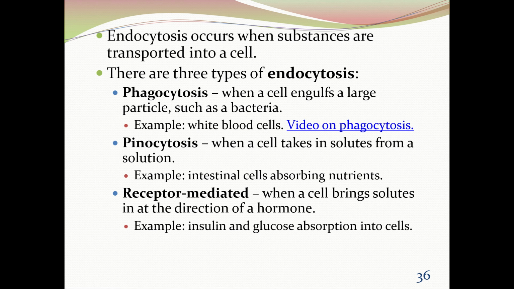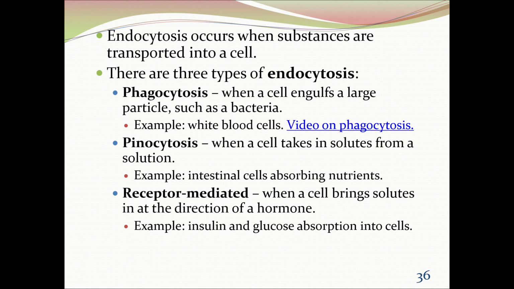Phagocytosis occurs when a cell engulfs a large particle such as bacteria. This is the function of macrophages, which are a type of white blood cell in the immune system. Pinocytosis occurs when a cell takes in solutes from a solution. This occurs in the intestinal cells when they absorb nutrients from your food.